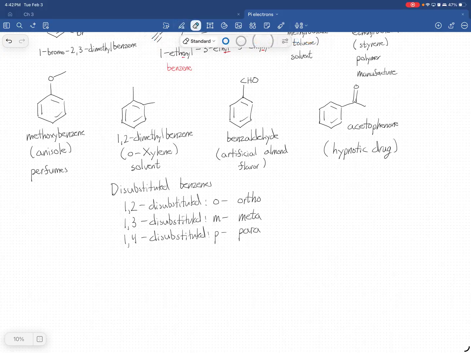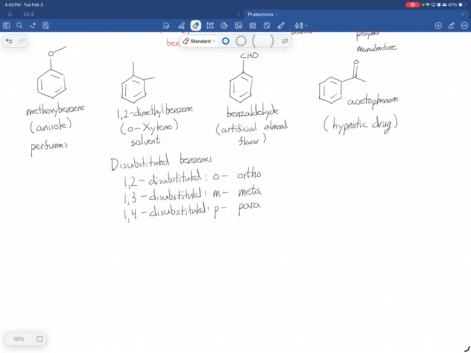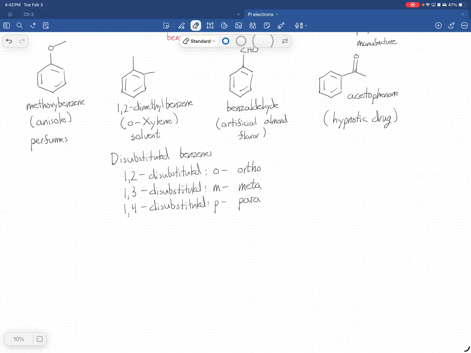Maybe it's used to provide some relief, especially if you're mentally strained or stressed. So acetophenone, I have worked with acetophenone. I actually made it before. It does have a sweet kind of aroma to it, and hypnotic tendencies.